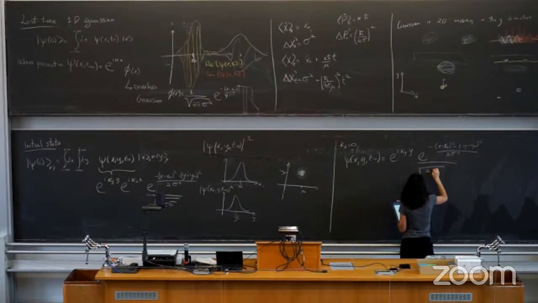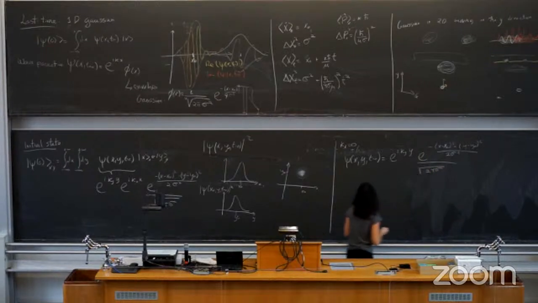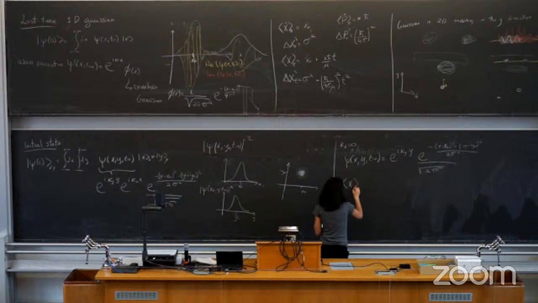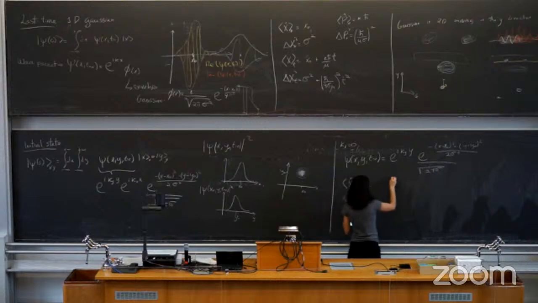Okay. Now all the properties are as they were before. So x at time 0 is x0. Delta x squared at time 0 is sigma squared. y at time 0 is y0.